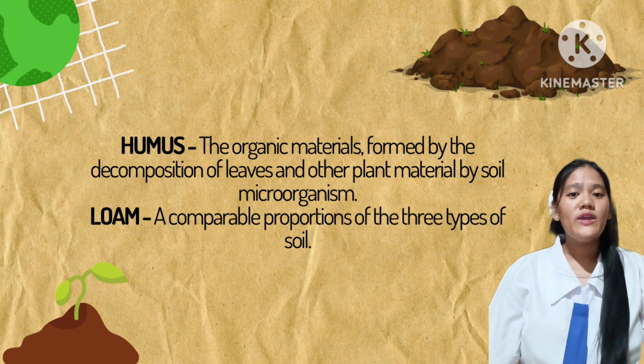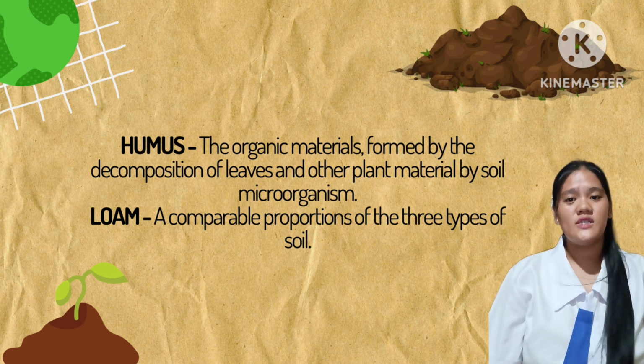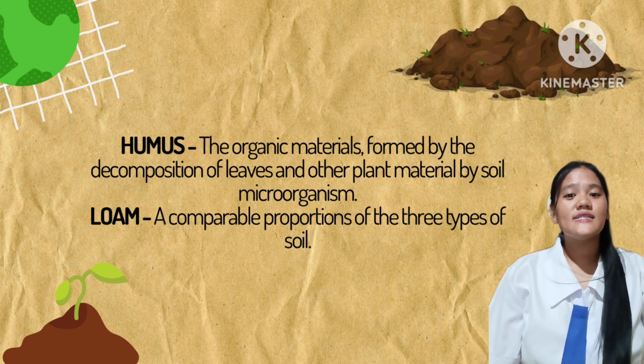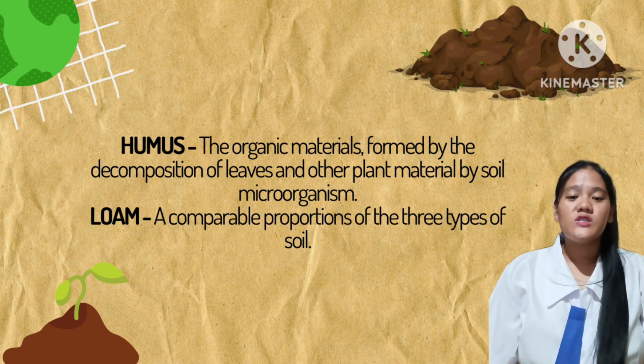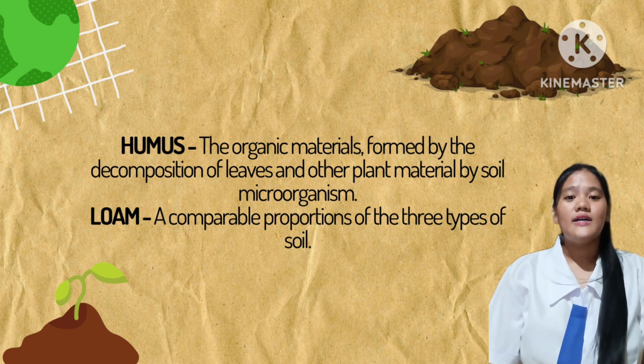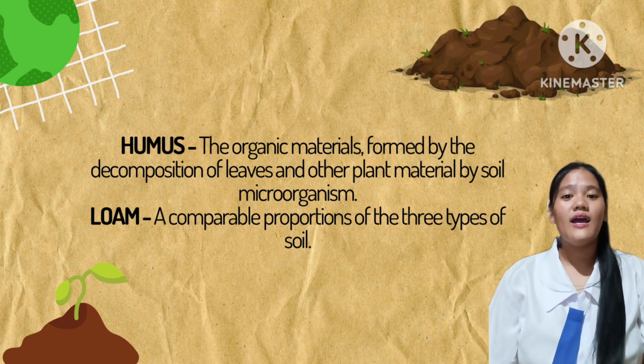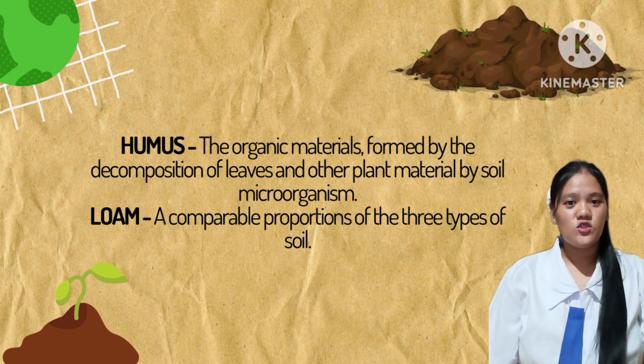So now we also have the so-called humus. Let us know what humus is. Humus is the organic material formed by the decomposition of leaves and other plant materials by soil microorganisms. What do you mean by decomposition? Decomposition is mo na ni ang mga nasagol o mga nalata na nga mga dahon or mga skin sa animals, mapudi makapadugang og nutrients sa soil.